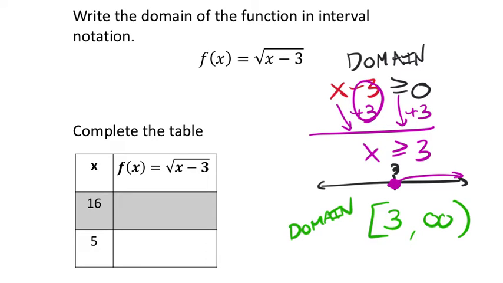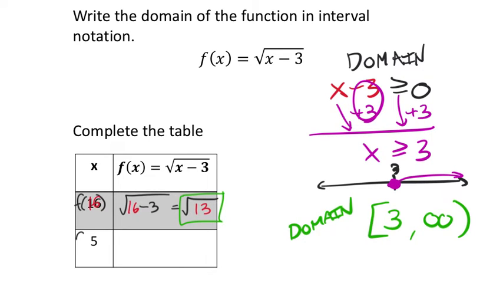So, if this is saying f of 16, by the way, so instead of it being the square root of x minus 3 there, we now say the x is 16. So replace the x with 16, and you get the square root of 16 minus 3, which is 13. Now, if that could be simplified, or if it was a perfect square, we would, but it can't, so it's done.